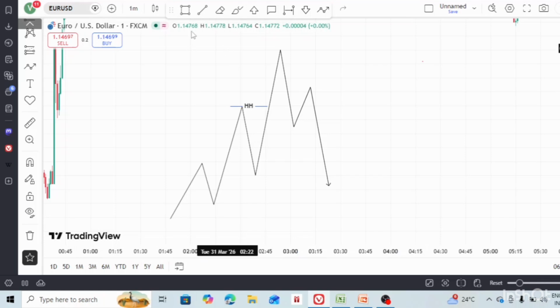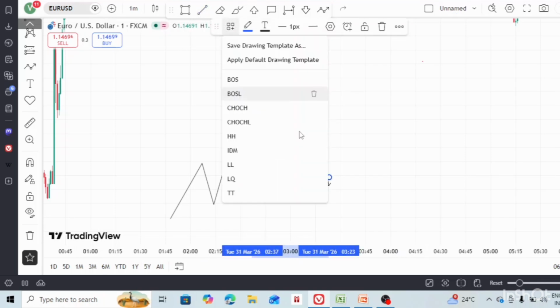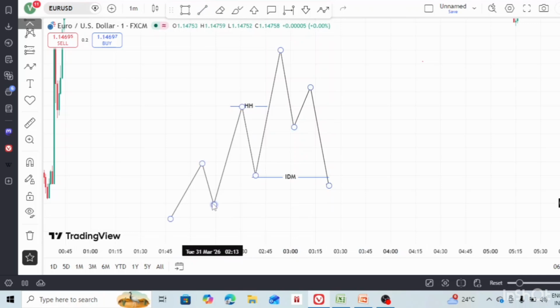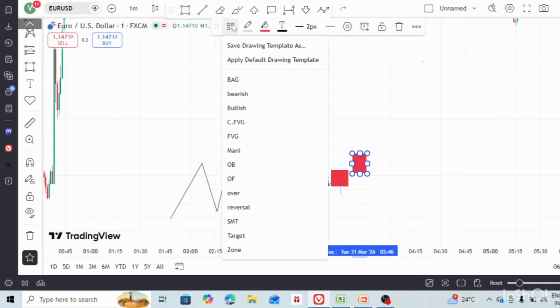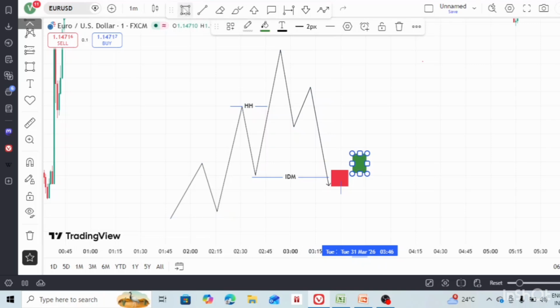So this is the higher high, and our inducement is here. After mitigating the inducement, the inducement has been mitigated from a gap like this. Let's say this is the bullish candle.